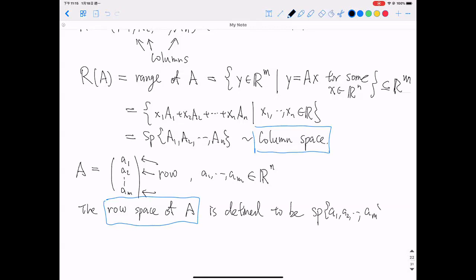There are m rows, and it's a subspace of Rn. We can certainly consider this.